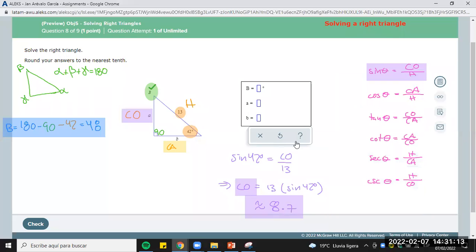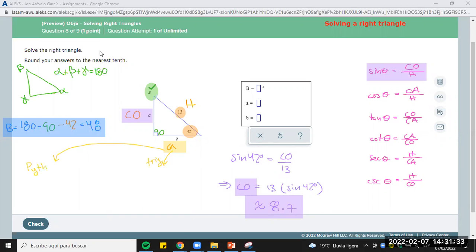And the very last one is the adjacent. We can use again a trig function, or we can use Pythagoras. So I'm going to do both. I'm going to use Pythagoras, and I'm going to use trig again. Which one should I do first?